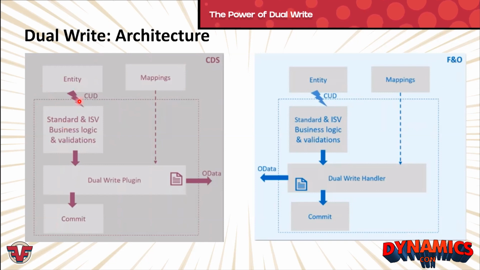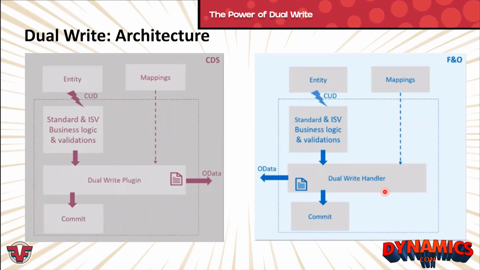Now, the only difference between Customer Engagement and Finance and Operations is that Customer Engagement has its business logic and validations, and it triggers through plugins. So we have plugins installed, and we write plugins with Customer Engagement to trigger data, whereas in Finance and Operations we write event handlers. This could be any post or pre-event handlers or any type of event handlers.